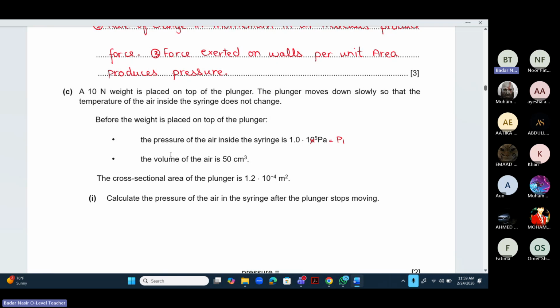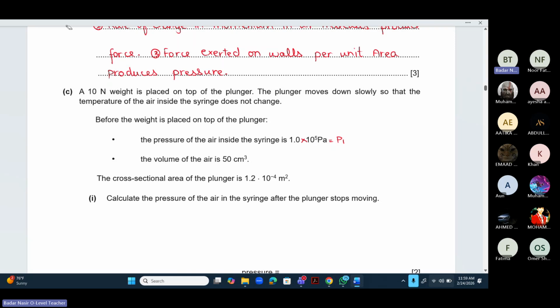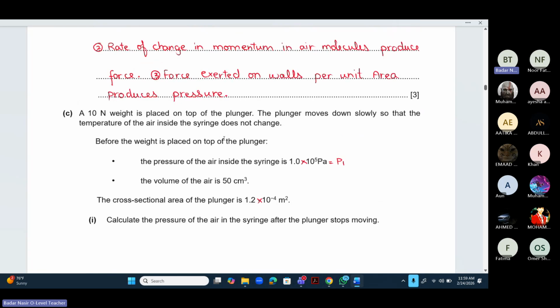The volume of the air is 50 cm cube. ठीक है? And this is the initial volume given to us. Cross-sectional area of the plunger is 1.2 times 10 to the power of minus 4. Calculate the pressure of the air in the syringe after the plunger stops moving.